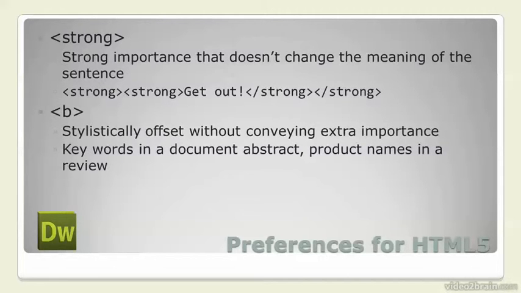The strong tag is redefined as meaning strong importance that doesn't change the meaning of the sentence. You can even nest strong tags together to give something even greater importance. The b tag is redefined as being stylistically offset without conveying extra importance, keywords in a document abstract, product names in a review, something like that.